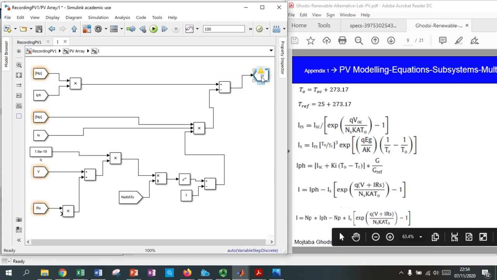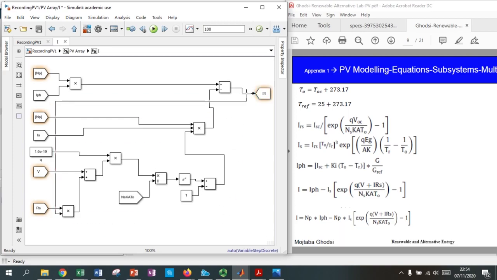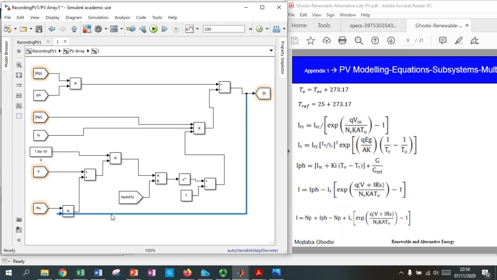Now the output here goes to input, that you can consider the I times RS.